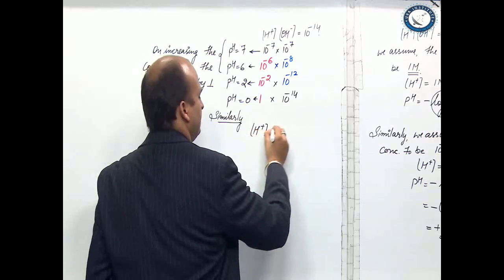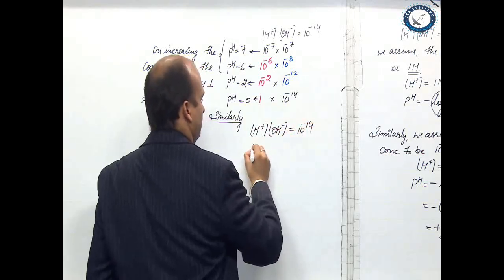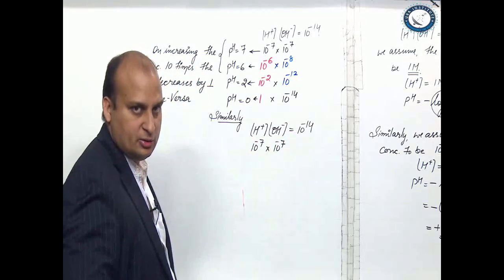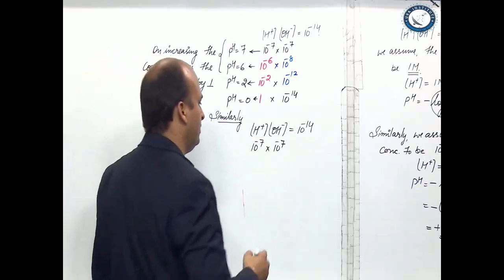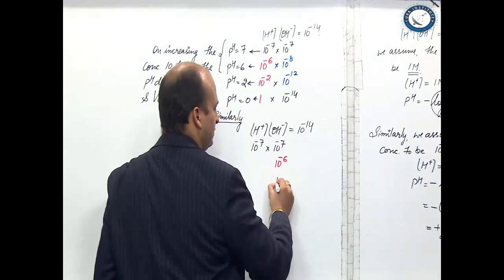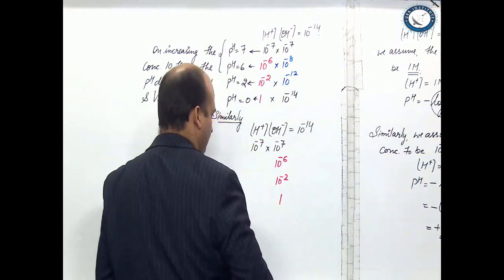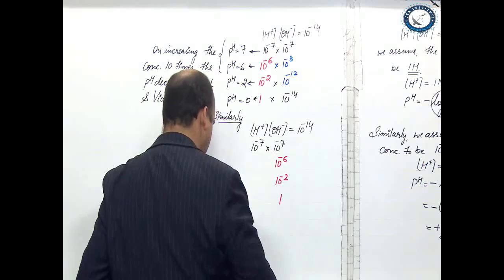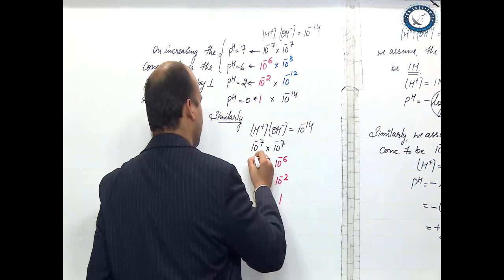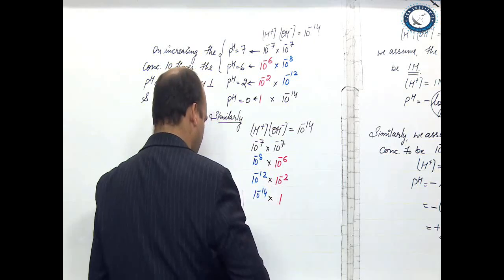Similarly, if you are talking about a basic solution, you will increase the concentration of OH minus ion. So say you make it 10 raised to power minus 6 or minus 2 or 1. So this comes out to be 10 raised to power minus 8, 10 raised to power minus 12, 10 raised to power minus 14.